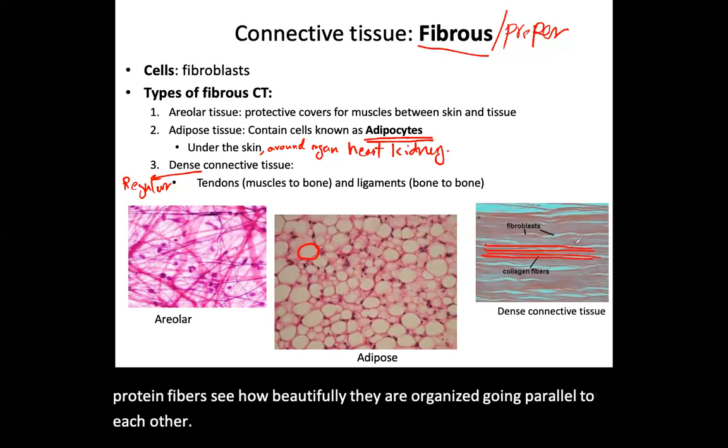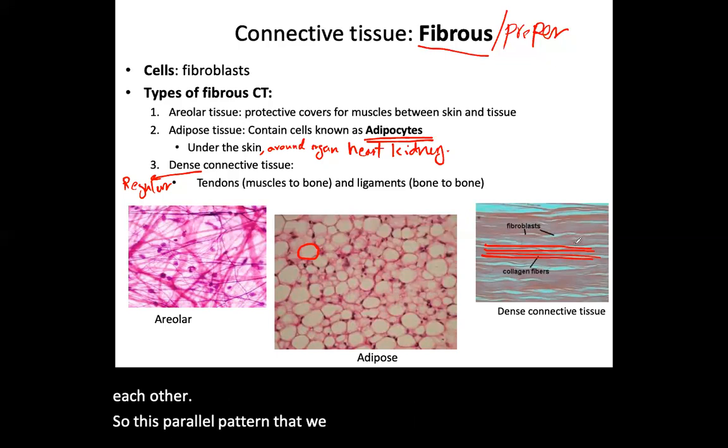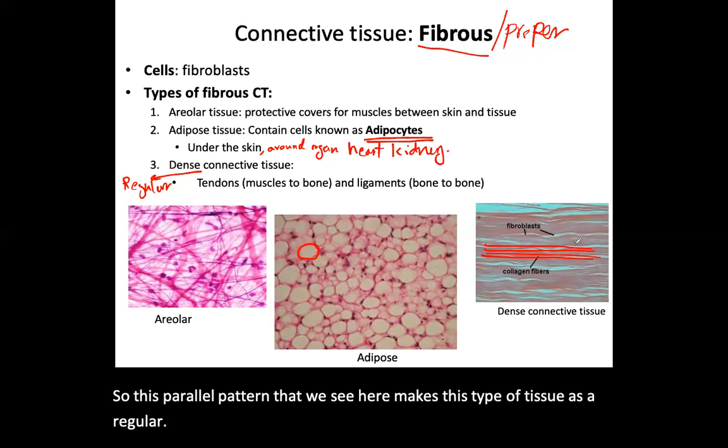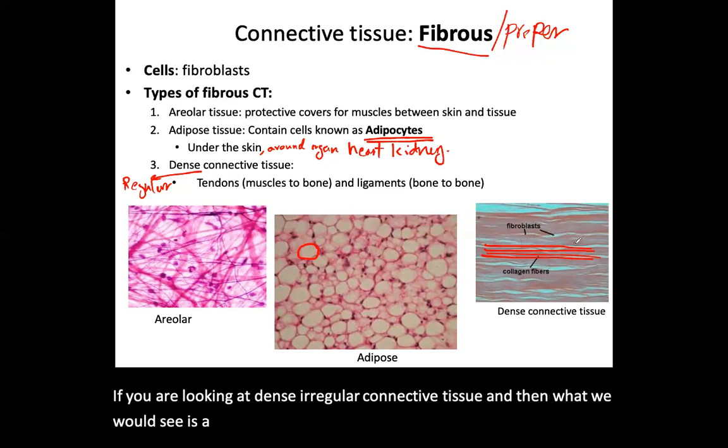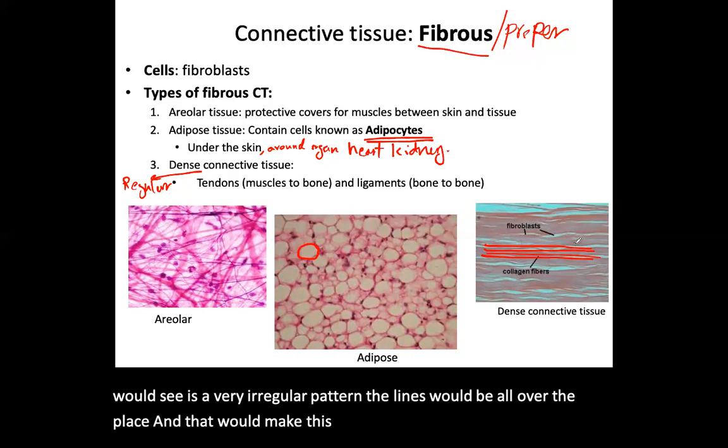So this parallel pattern that we see here makes this type of tissue regular. If we were looking at dense irregular connective tissue, we would see a very irregular pattern. The lines would be all over the place, and that would make this dense irregular connective tissue.